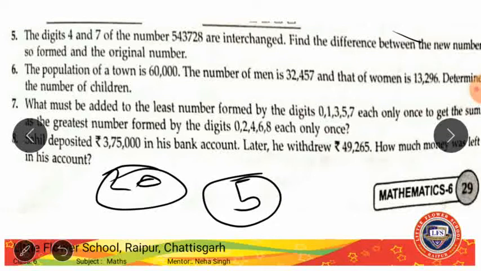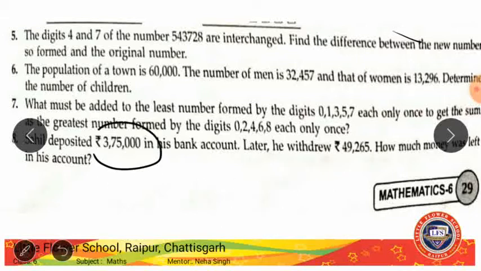If I ask how many chocolates are left with you, what will you do? You will subtract 20 minus 5, since these 5 chocolates have been given. So the answer will be 15. Since the chocolates are being given, you will subtract the numbers.